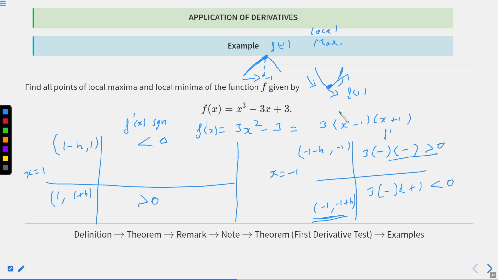Whatever values of x you get will be candidates for local maxima, local minima, or inflection points. Then verify the sign of f prime x in each interval, and accordingly decide whether it is a maximum, a minimum, or just an inflection point. I hope it is clear to you.